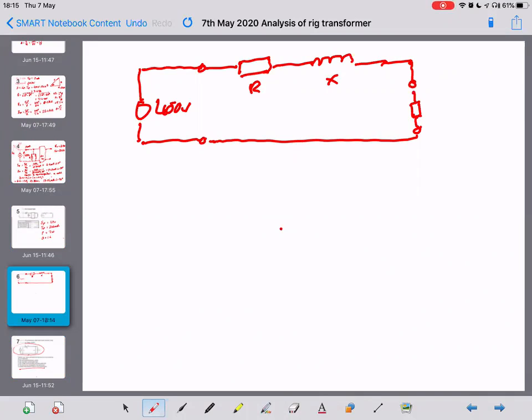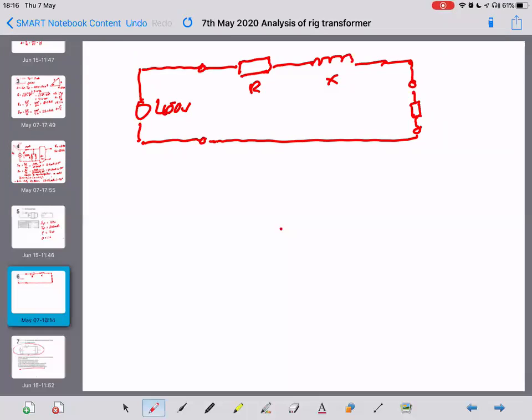Do you have to add up the impedances? Yeah. So what you're saying is, if we knew what they were, we could add them up.